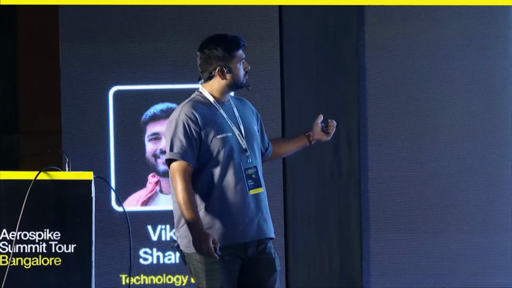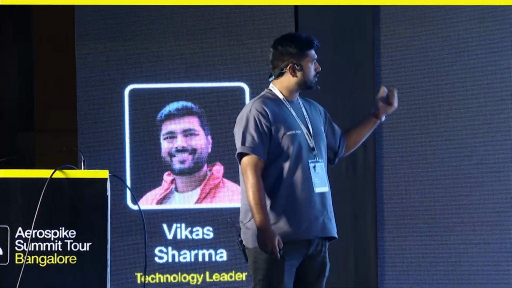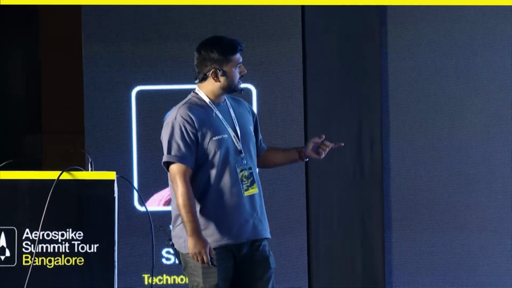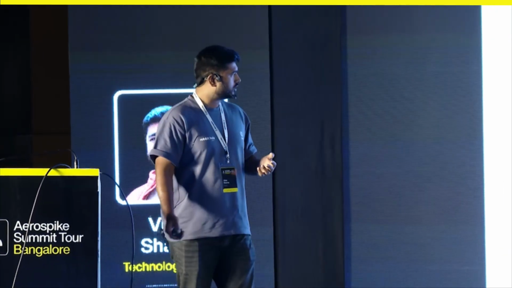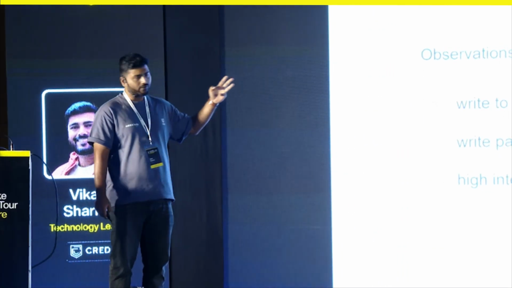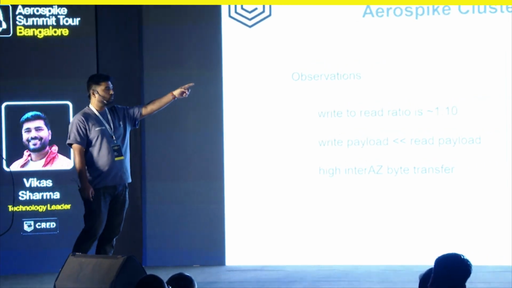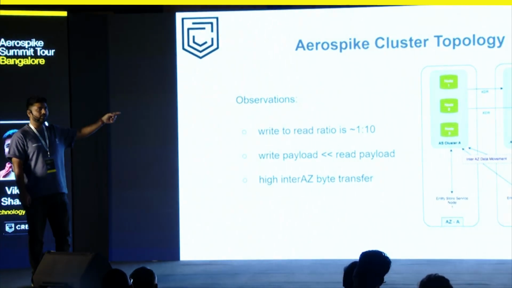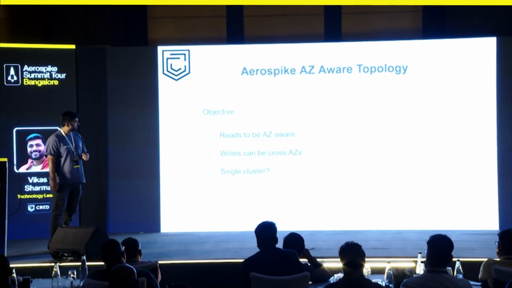So how do we solve this? We make reads AZ aware; writes can go cross AZs. We don't care much because the scale is not much. And in the previous slide, we also saw that we were maintaining 3 different clusters, which is additional cost, maintaining those 2 nodes in the other 2 AZs, which were just serving as shadow clusters for maintaining the application across AZs.